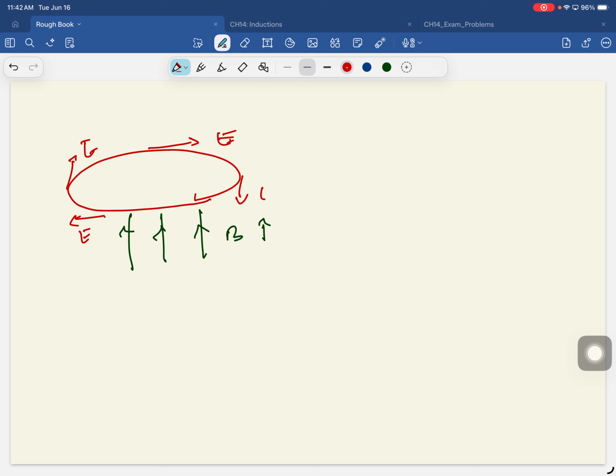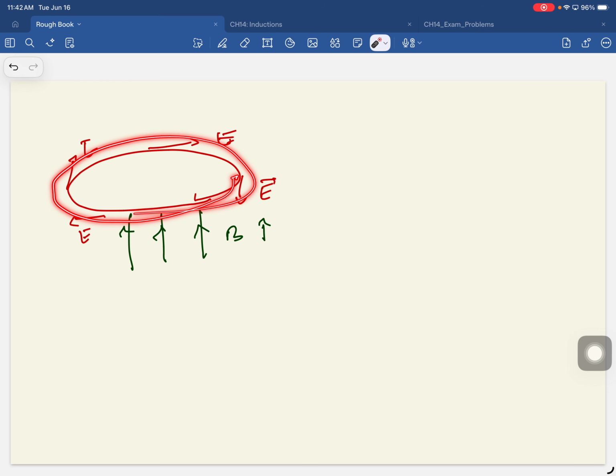Okay. And if you stick a wire, you'll get an EMF in the wire, and that'll drive the current. And again, like we've said, this electric field is non-conservative. So it's different than what's produced by charges.